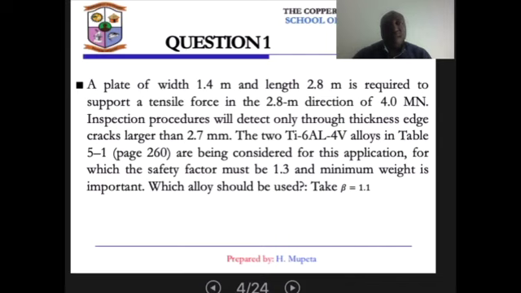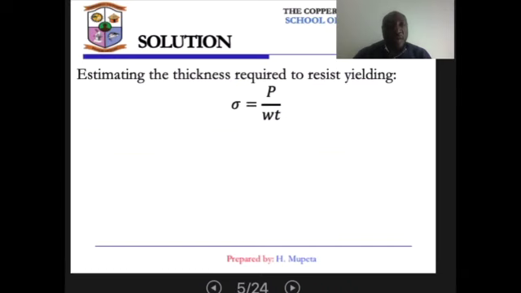Okay, so let's get started. This question is based on failure due to static loading, and from here we know that this beta, which is equal to 1.1, is the stress intensity modification factor. As we look at the solution, the first thing we need to do is to estimate the thickness required to resist yielding.